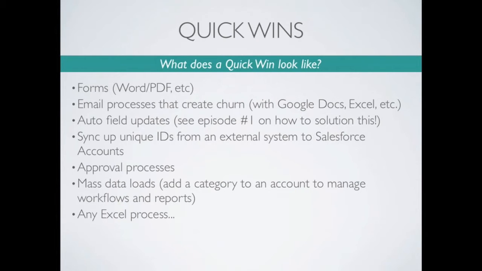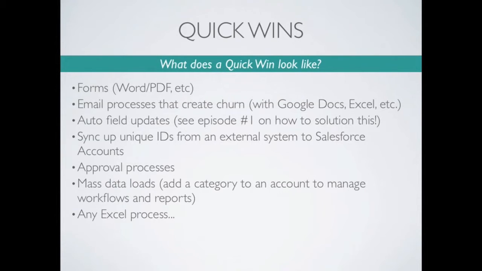Also, email processes that create a lot of churn. For example, a sales team is emailing an internal team that supports your existing clients, and the account managers ask for a specific thing to be done by this support team. It doesn't have to be cases or customer support.